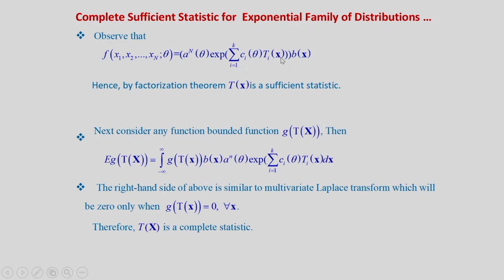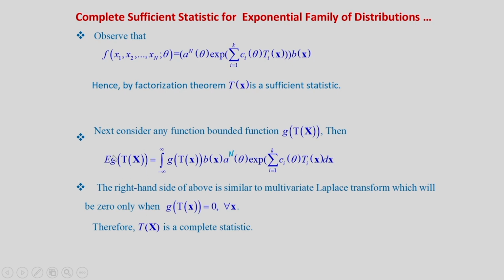We have to prove that it is a complete statistic. Next, consider any bounded function of the form g(T(x)). Then we have to find the expected value of g(T(x)) to check completeness. Therefore, E of g(T(x)) is the integration from minus infinity to infinity of g(T(x)) into the PDF. Now, the PDF is b(x) into a to the power n theta into exponential of the summation of ci theta Ti(x), into dx.